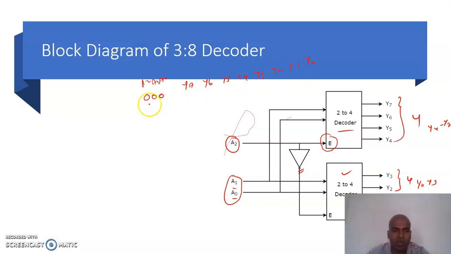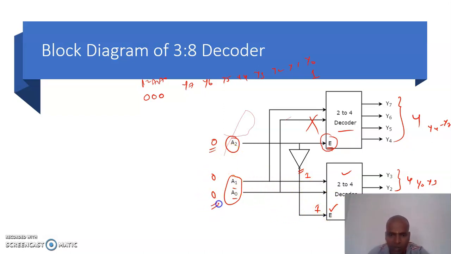When I give 000, it is going to produce the output at the Y0 place. When I substitute 0, 0, 0, the 0 goes to this enable, so this device won't work because the enable value is 0. This enable becomes 1 because of the inverter, so now the enable value is 1, and this device will work.